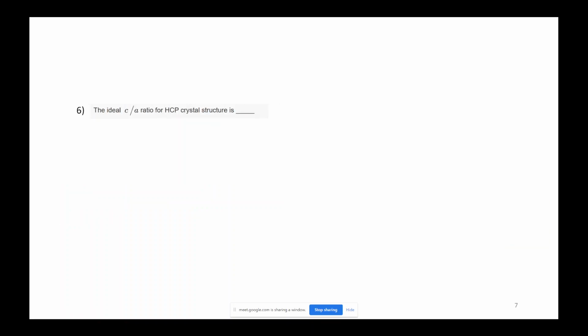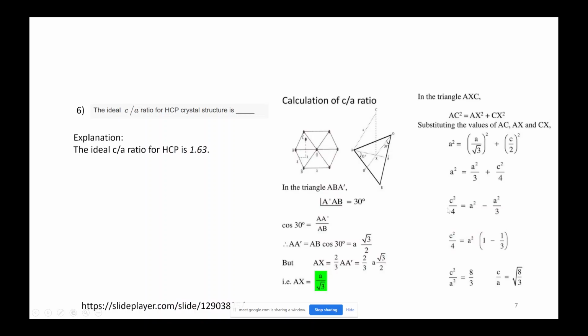Next question is, the ideal C by A ratio for HCP crystal structure is? So the answer will be 1.63. You can calculate this using these angles, triangle and Pythagoras theorem.